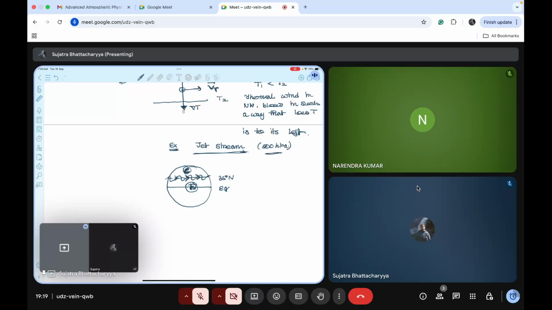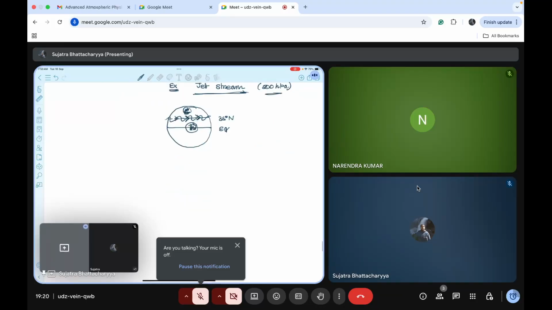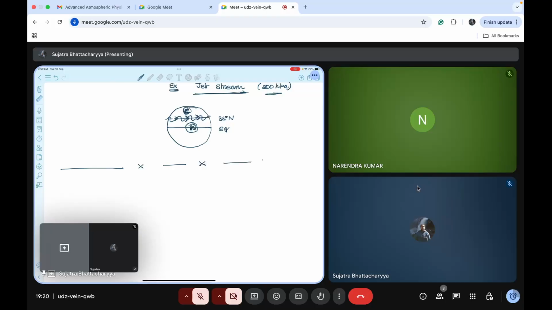Okay, so the next thing is the temperature profile of the atmosphere. We have seen it already. So let us change the color, and this completes the atmospheric dynamics part.